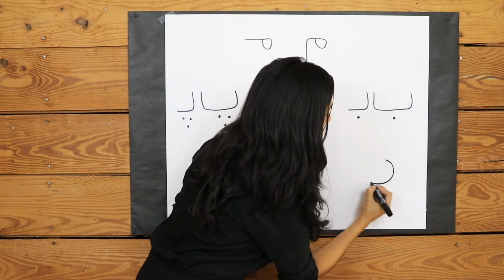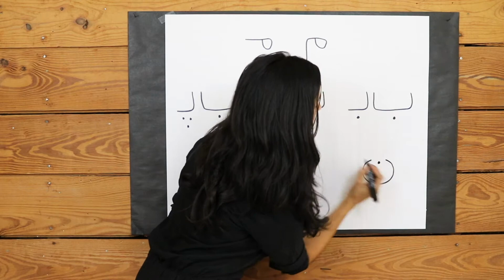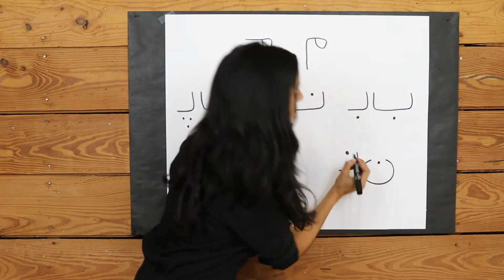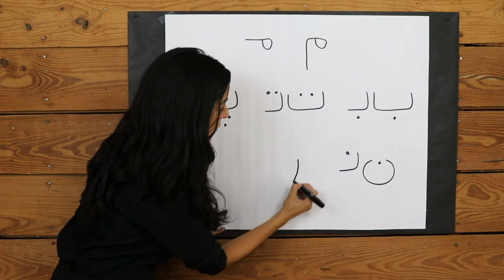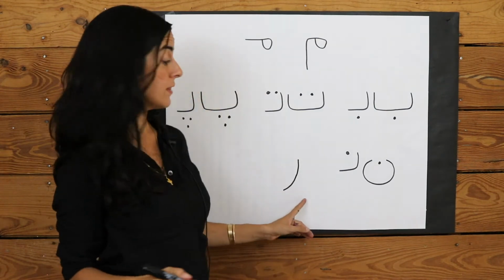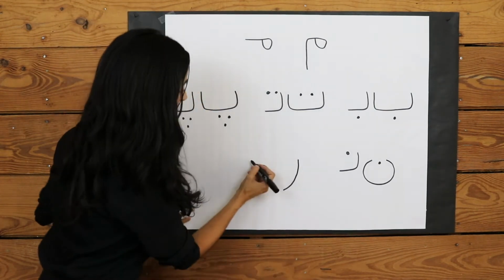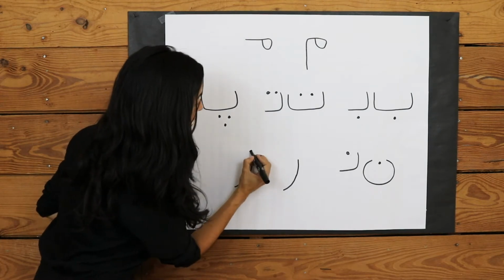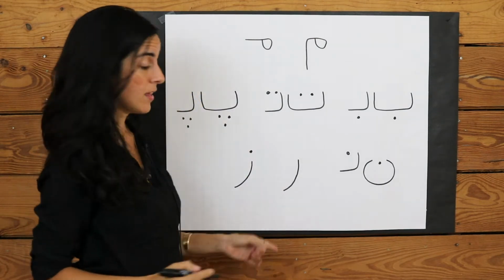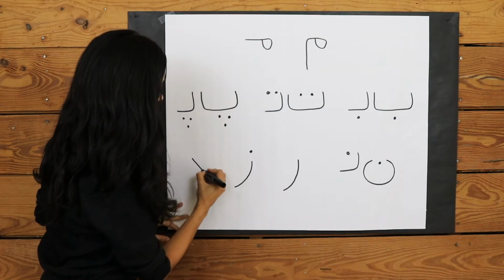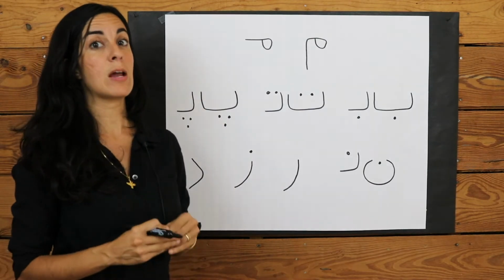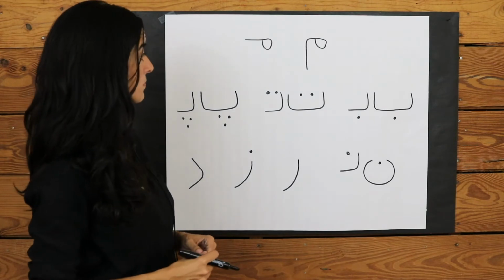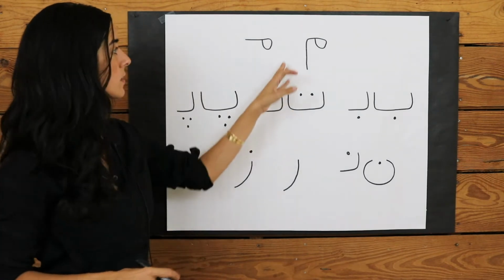Then, my favorite to draw is a ne. Next, we have a letter that only has one version, and that is a re. Same base with a dot above it is a ze. And we learned this one in lesson 2 as well, and that is a de, and that only has one version. So again, let's go over all these.